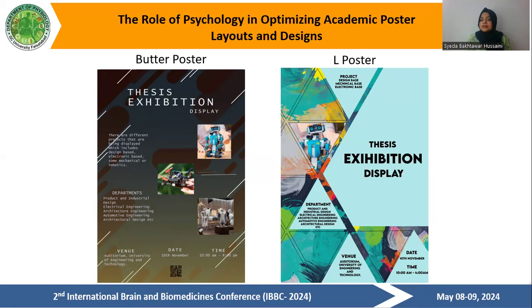And the last one is the L poster. It is defined by its name: the layout of this poster is in the form of an L, and you can see we have designed it in the same way. The text is also placed in the design through triangular shapes in the L format.